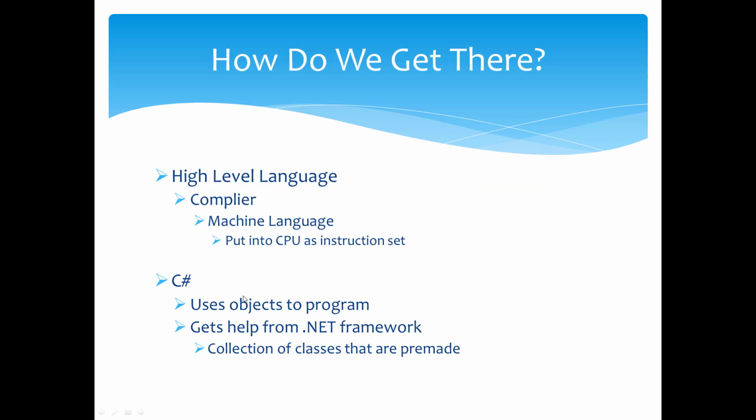Now, before we start getting fully into objects, let's think about what we're dealing with here, because we've got C# that we're going to use. So how do we go to object-oriented programming from just C#? Well, C# is one of many high-level languages. C++, Fortran, Visual Basic, these are other forms.